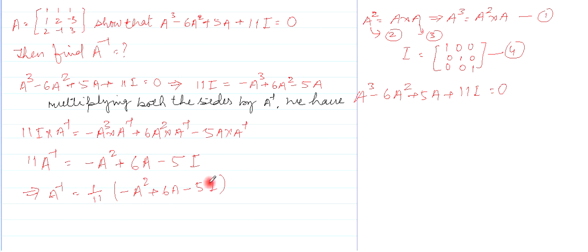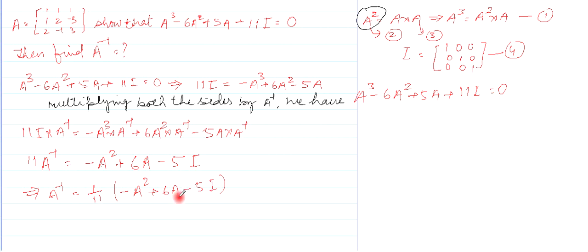Now what you will do here: the value of A square, you have already calculated on this side. The identity matrix is already here, we don't have any problem.